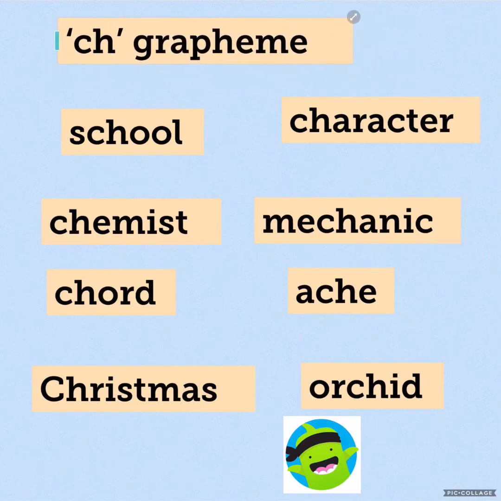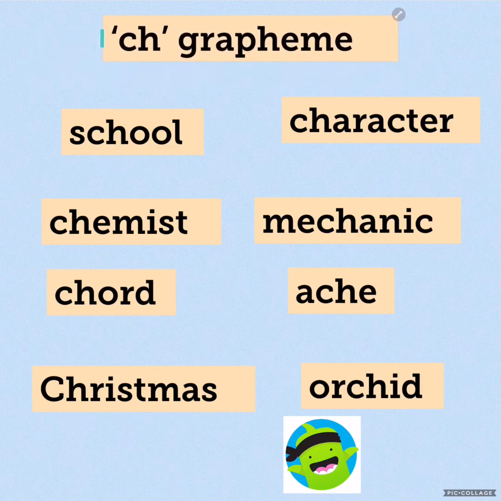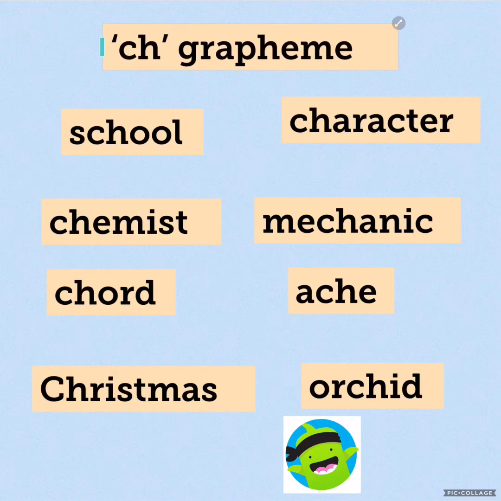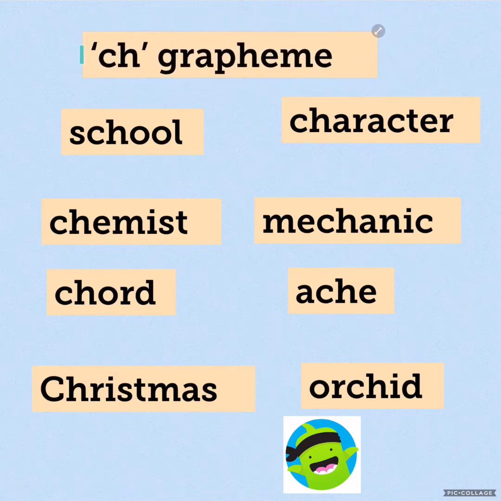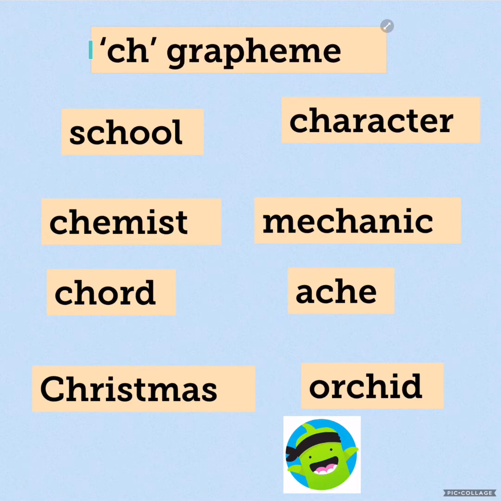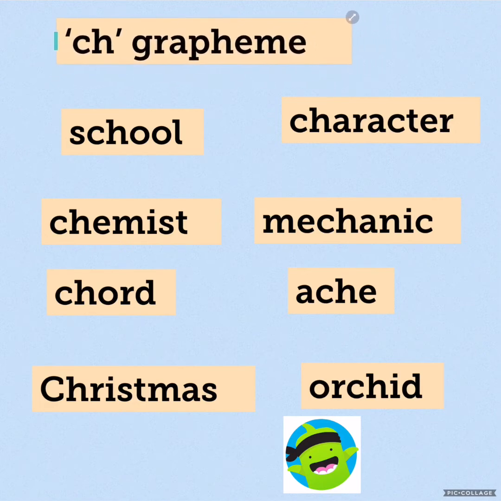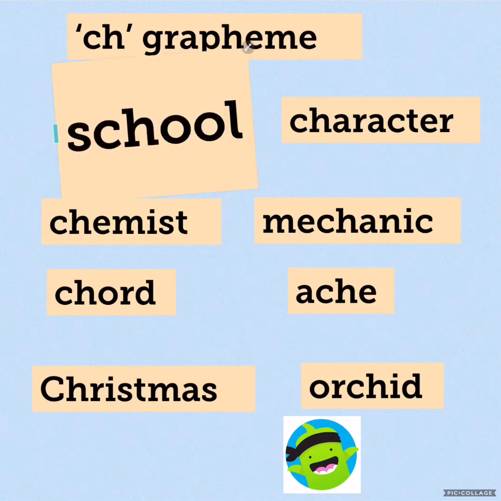Okay, boys and girls, the next way we can show that K phoneme or K sound is by using the grapheme CH. We discussed the phoneme CH making that ch sound. But in this case, we're looking at the grapheme CH, and sometimes CH can make that K sound, like in this word here: school.